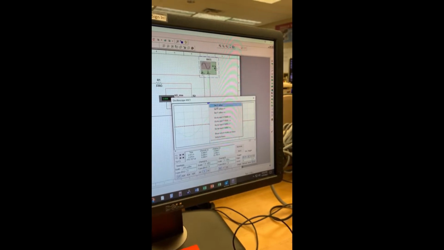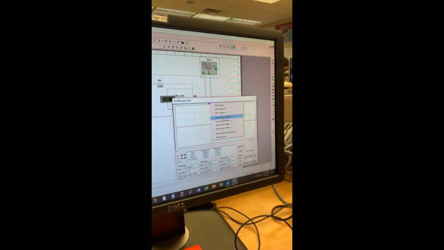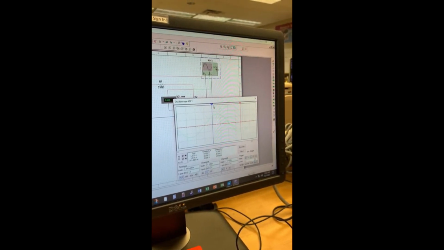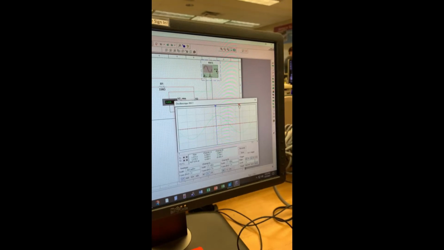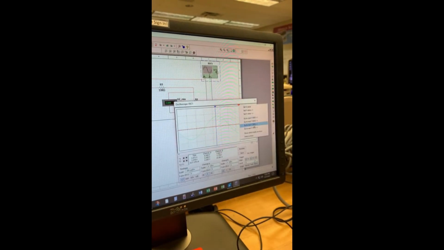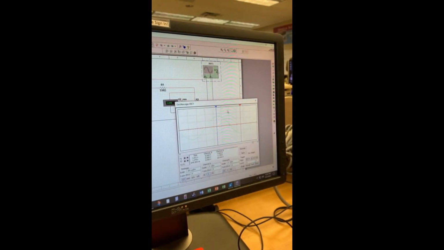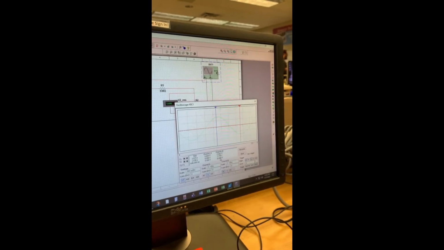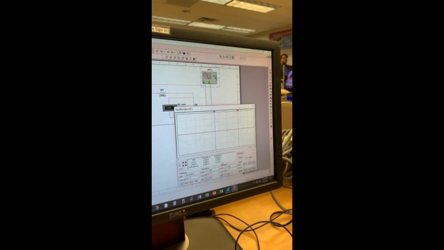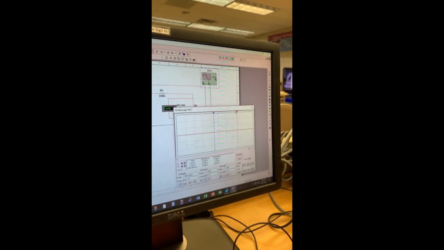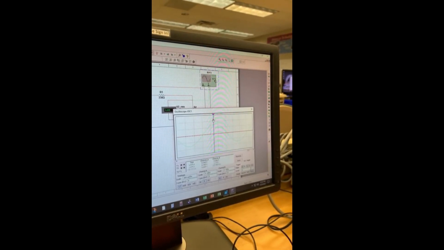We're going to do the same thing for channel 2 to find the peak to peak. Now we're going to go for the mid right here, and right here, peak to peak, it says 15.641 volts.